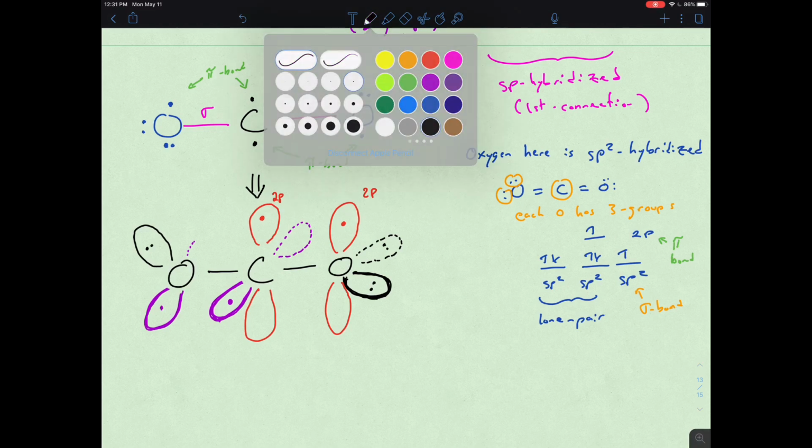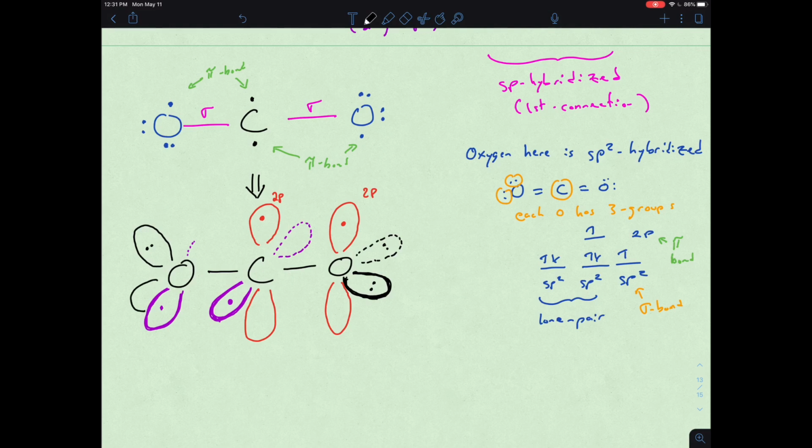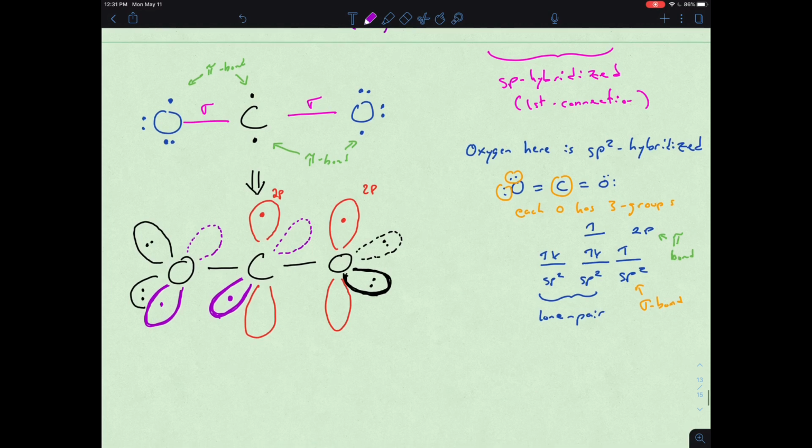And then we have our back lobe, which we could say is kind of behind that lobe, if you will. And then we have the back side of the purple. So we have this pi bond overlap now that we could say is in front and in back. And we also now have a pi bond set up for above and below.